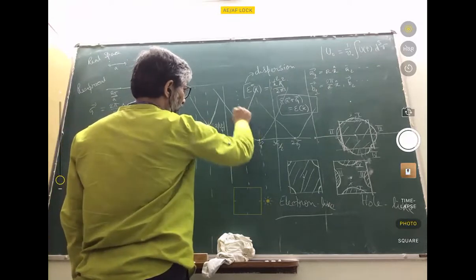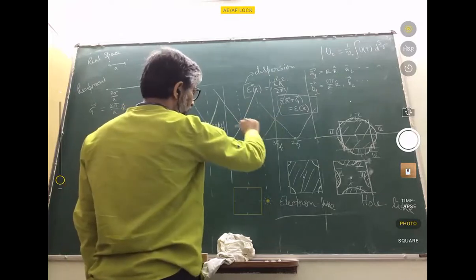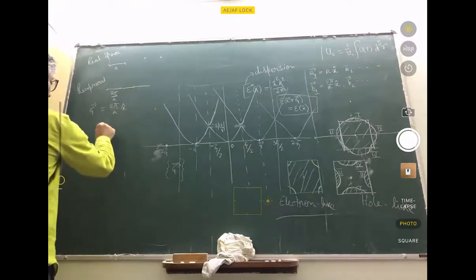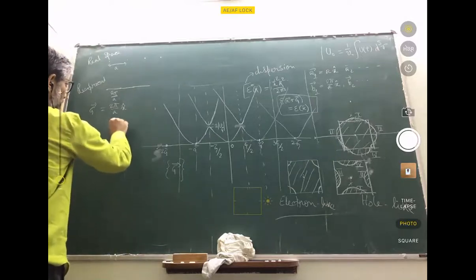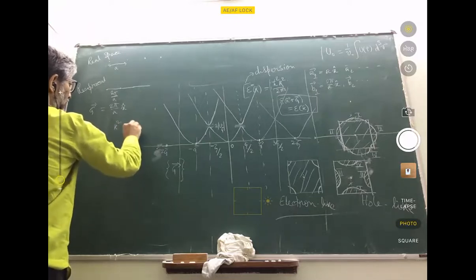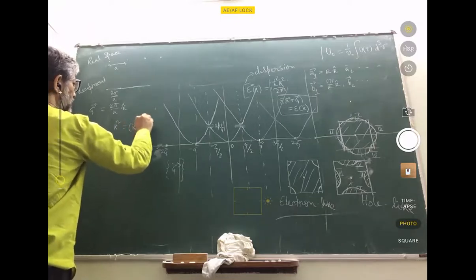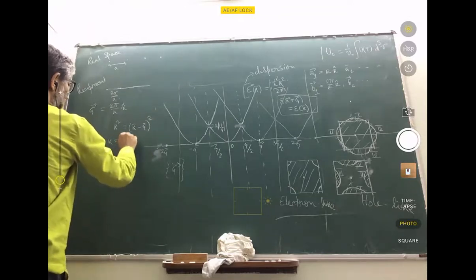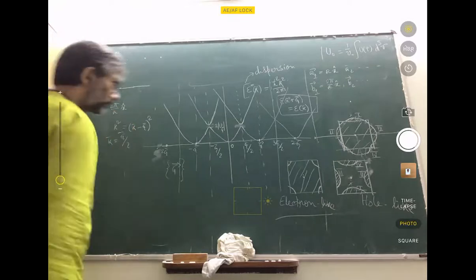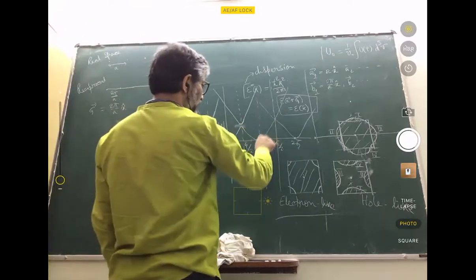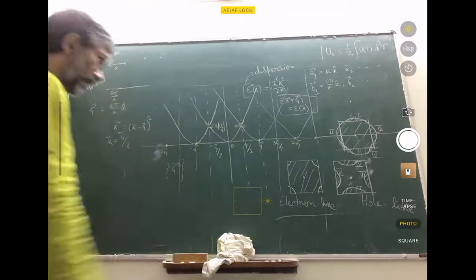This parabola and this parabola would be degenerate at G by 2, right? That's obvious because k squared equals (k minus G) squared when k is G by 2. So that's the degeneracy you have here, and similar degeneracies would occur at other Bragg planes.